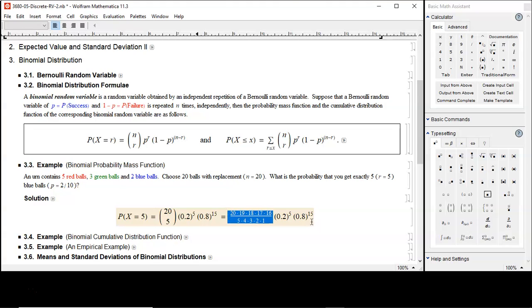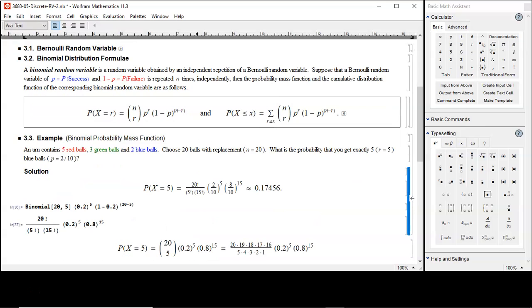This computation, after all the simplification, will become an integer value. That's a combination. And then multiply these, run your calculator, and if you do it right, you're going to get this number.